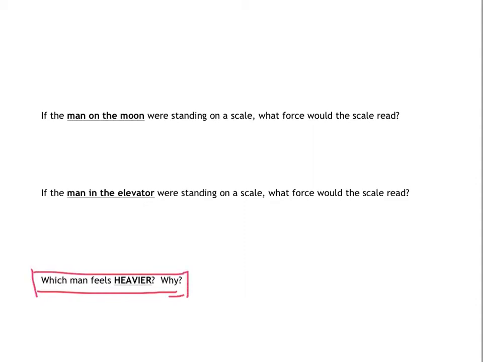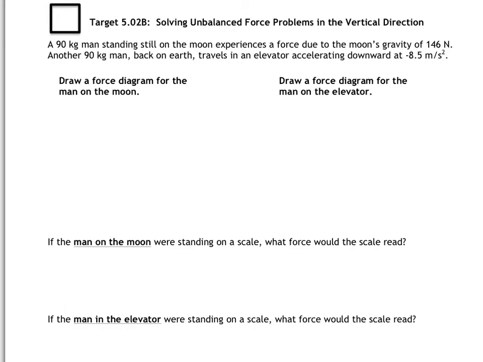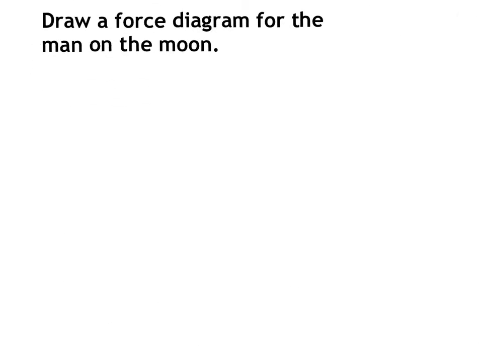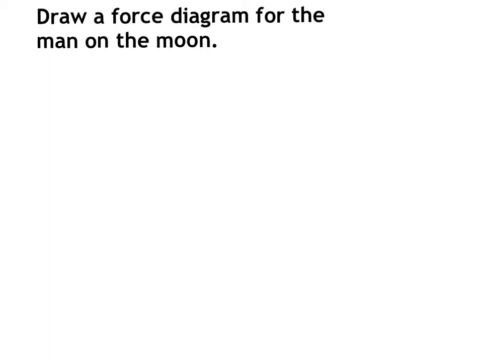It's going to be a good idea for us to first draw a force diagram for each of these men. So looking at the man on the moon, we know he has a downward force of gravity, which I told you was 146 newtons.